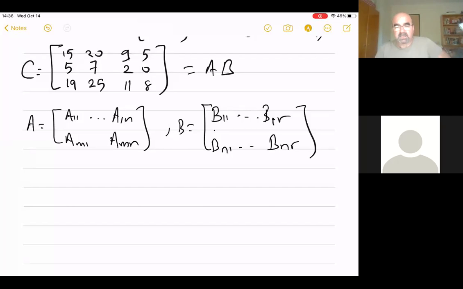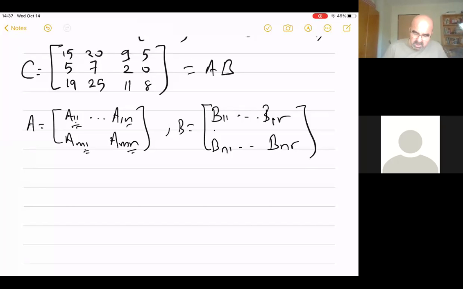If you have two matrices like this, whenever these entries are scalars, how do we multiply? We just multiply in the usual way. But if they are matrices, you can multiply in the same way, as long as the multiplications are possible. That's the partitions of matrices.